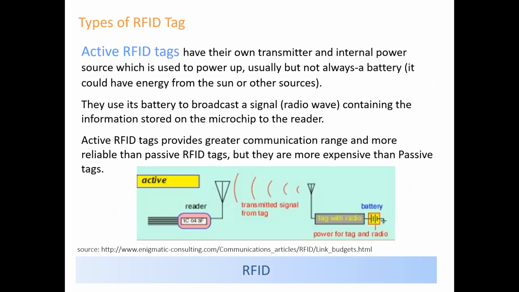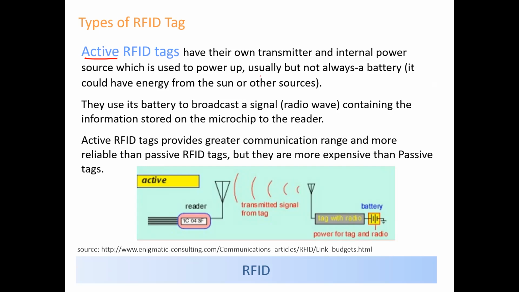Another type of the RFID tag is called the active tag. This is the thing that makes the distance longer. You do not need to put the tag near the reader, but you can have maybe up to 10 meters. The RFID tag can still connect to the reader, but you need the battery inside.